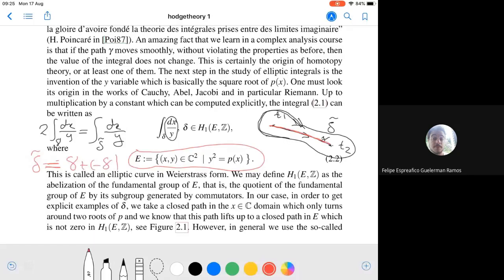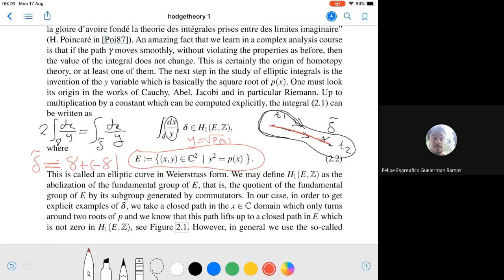If you look at just this, you will say, okay, then the integration over delta tilde is 0, because we are integrating over gamma and then over minus gamma, and they will cancel each other. But they will not cancel, because remember that y is equal to the square root of p(x).